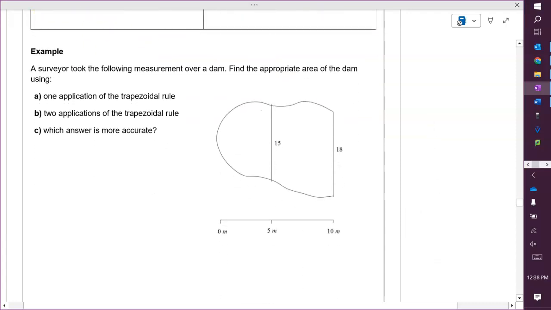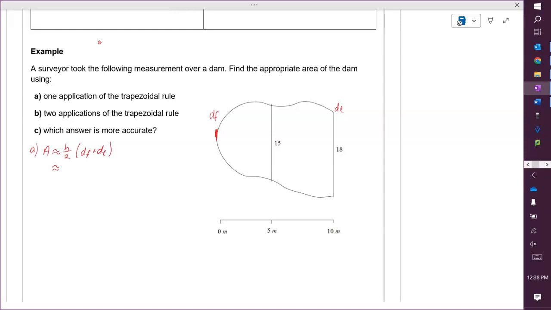So if we come down and look at this example, I'm just going to put some little markings on here. So we're going to say this point here at the end is our df for our first, and then this is obviously going to be our dl for the last measurement. So if I'm using just one application of the trapezoidal rule, so area is approximately h over 2 df plus dl.